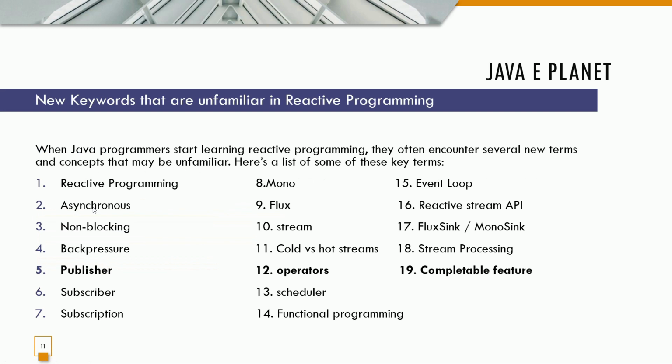When there was no reactive programming in Spring, we didn't hear these types of words. They are: reactive programming, asynchronous, non-blocking, back pressure, publisher, subscriber, subscription, Mono, Flux, stream, cold versus hot streams, operator, scheduler, functional programming, event loop, reactive stream API, FluxSink, MonoSink, stream processing, and also CompletableFuture.